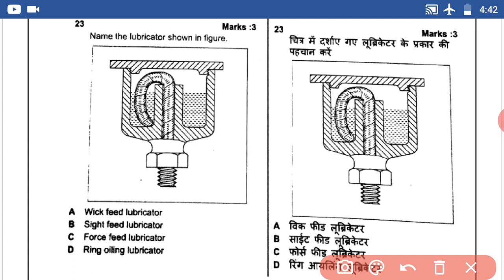Name the lubricator shown in figure. This figure is wick feed lubricator. Answer A.